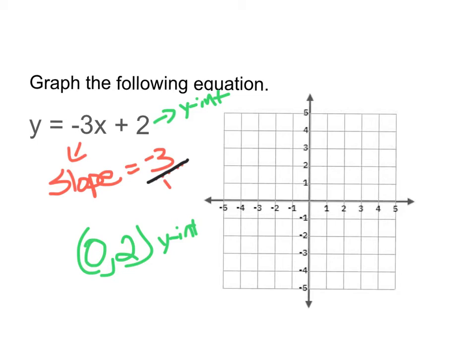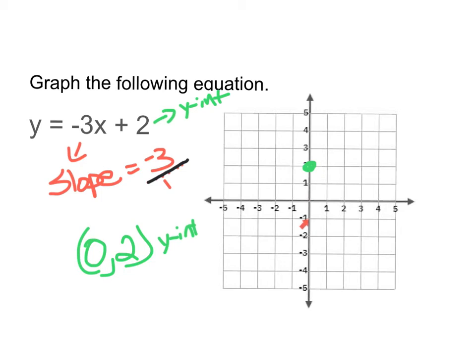So if we come up here and we put a point at 0, 2, we can start our graph at 0, 2. Then we just apply the slope. Now this has a slope of negative 3, so it's negative 3 over 1. So we could say down 3 units. So we go 1, 2, 3.